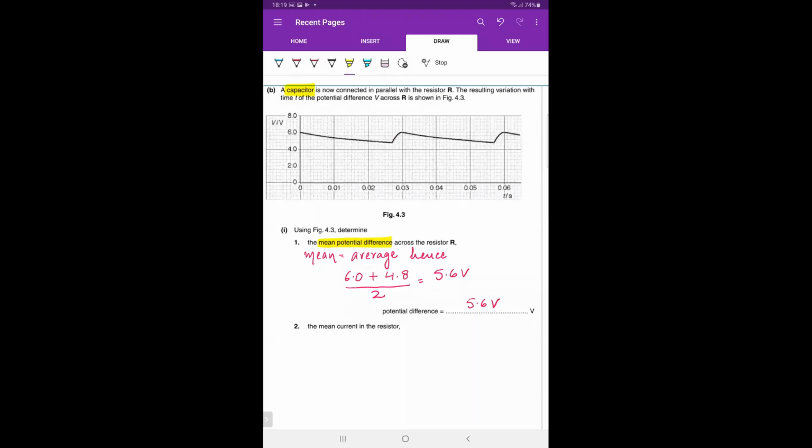Next part, calculate the mean current. So now I'll need to use that value of the resistor, 1.5 kilo ohms, that was given earlier on in the question.